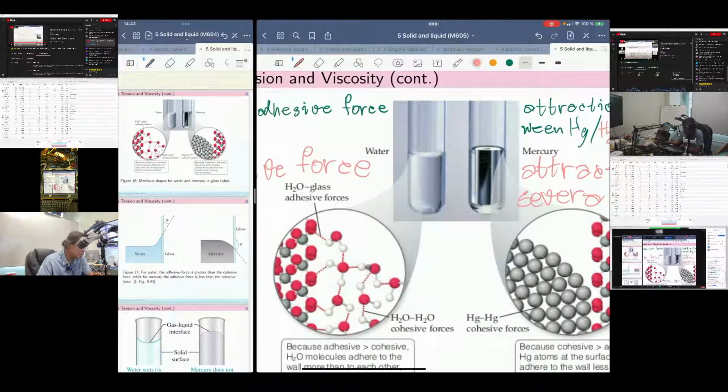This is a single molecule, right? And you would have also another molecule of water, H2O.